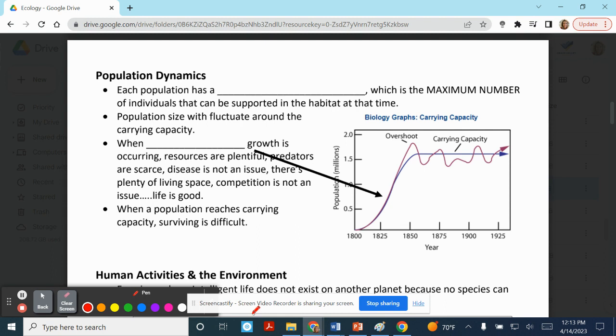Whenever we see population changes over time, when a population is in an area, usually its population goes up pretty quickly at the beginning, but eventually it's going to level off. And we see the population size go up and down around a number. Now, this number is called the carrying capacity.